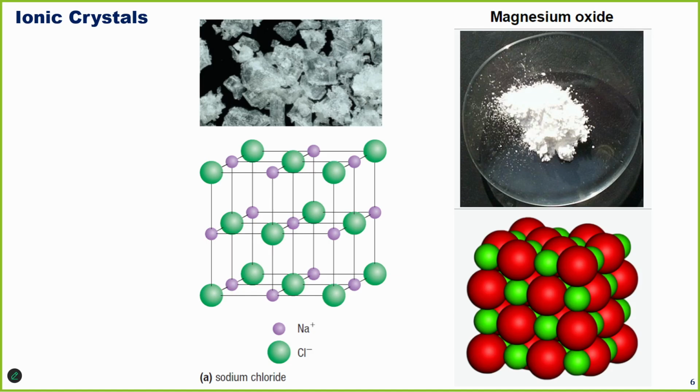Magnesium oxide, which is used in antacid tablets, is an ionic solid that has a melting point of 2852 degrees Celsius. This property is a result of the strong ionic bonds that hold the oppositely charged ions together.